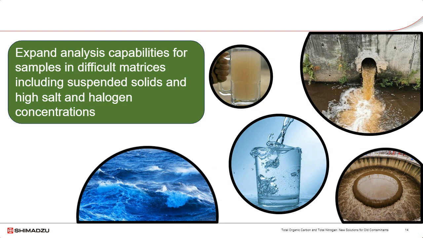So probably the biggest advantage of the TOC-L combustion analyzer is its ability to handle even the most difficult sample matrices, including suspended solids, high salt samples, and even high halogen samples.